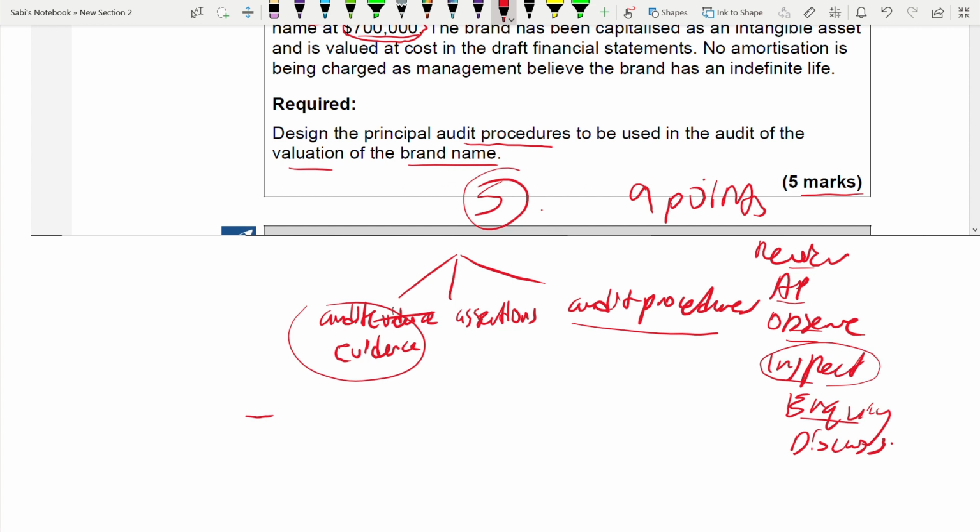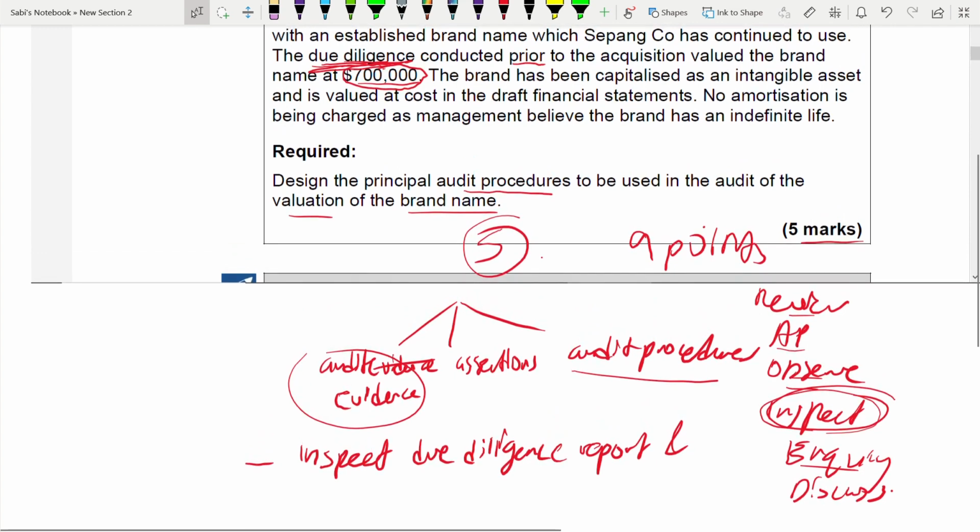So what comes? Inspect. Normally when it is something to do with documents and all, the word is inspect. Records or documents. So inspect what? Due diligence report. From our case study only we got it. Okay. Due diligence report. You can also see another one. Which document? You have purchased this brand. So purchase documentation.